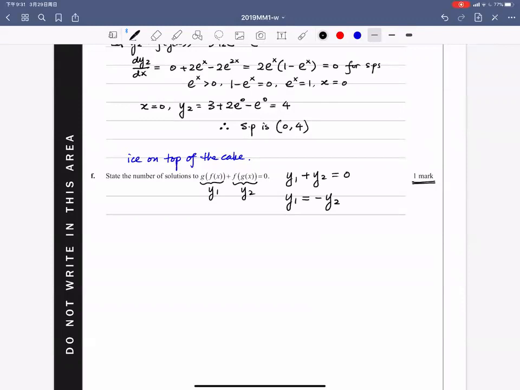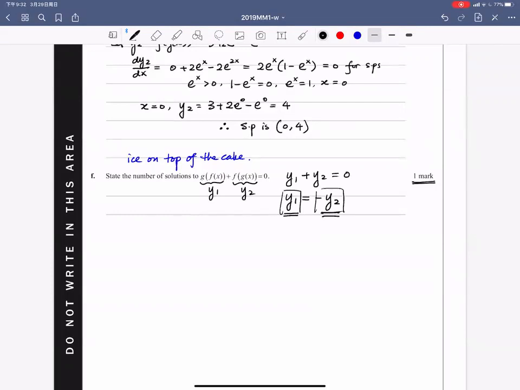I'm rewriting the equation as if it's looking for intersection points, equating two functions. So it's equivalent to finding the intersections between the graph of y1 and minus y2.